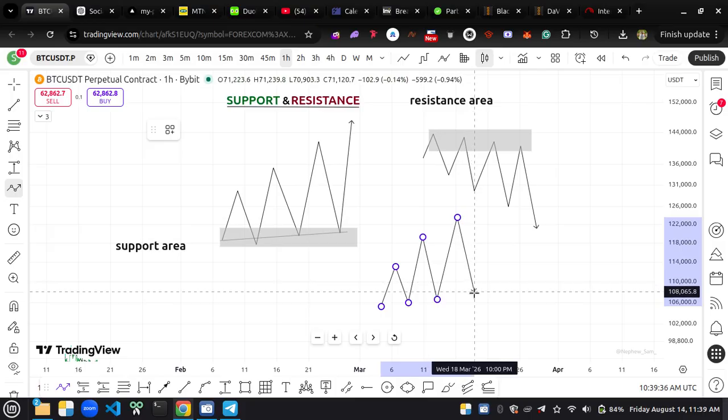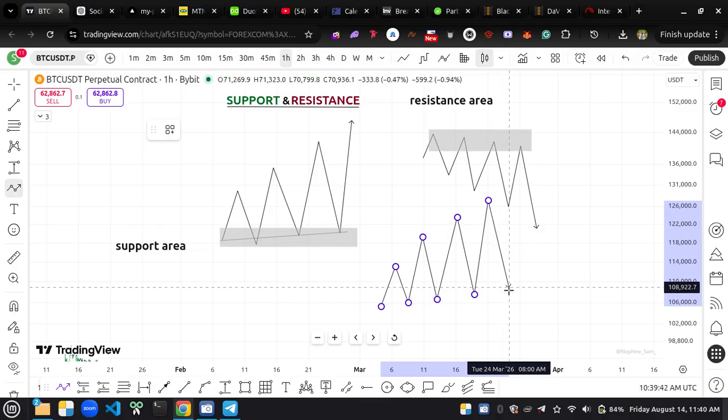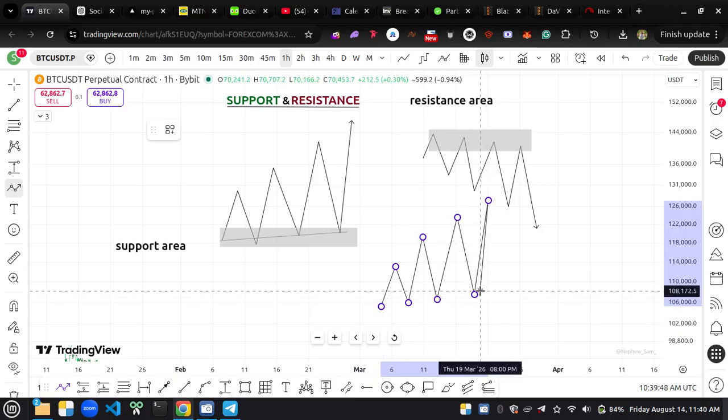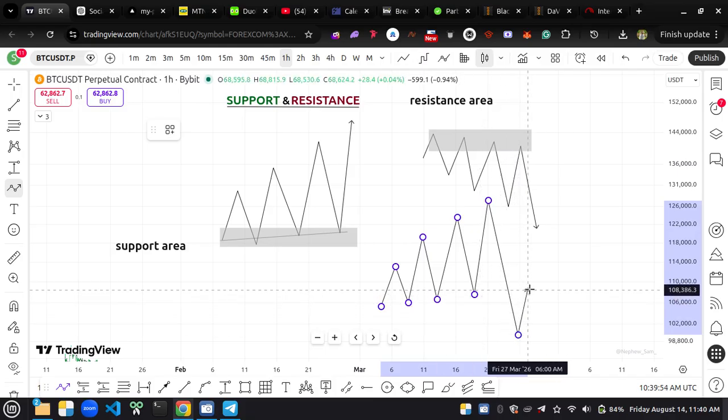Now it does that about 4 times. The 5th time, in certain cases, can be a breakout. That means it breaks this low. In our previous video, we mentioned something like that. It breaks this low, and then uses the support area as a resistance area.